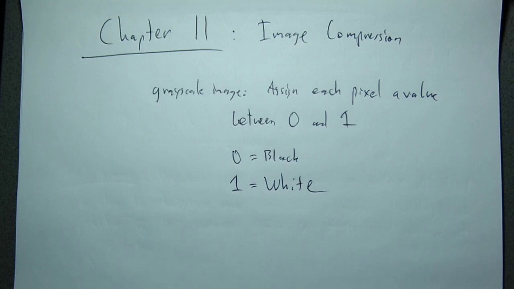On the next page, page 4 of the chapter 11 notes, there's a first example, which is a grid of solid black or solid white squares. Each white square corresponds to a 1, and each black square corresponds to a 0.